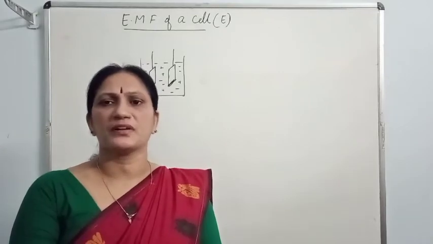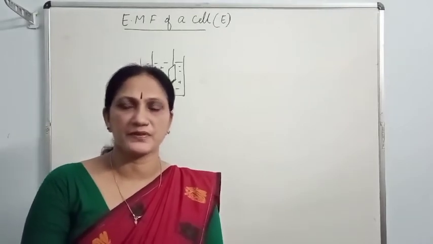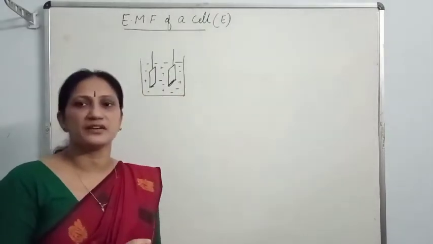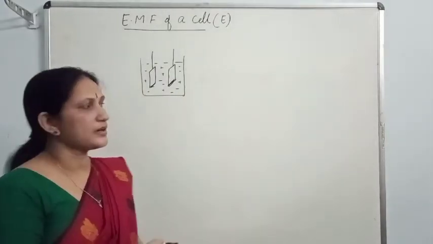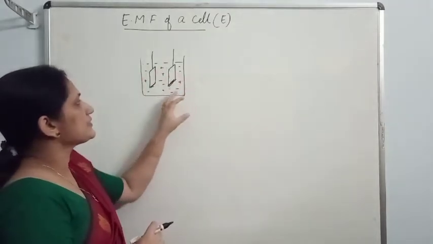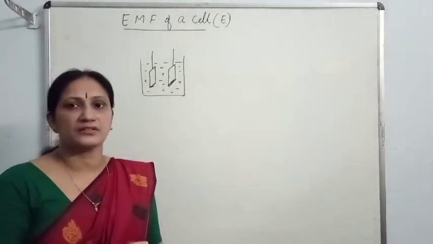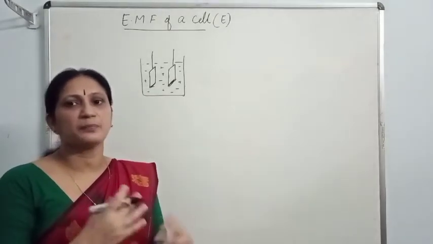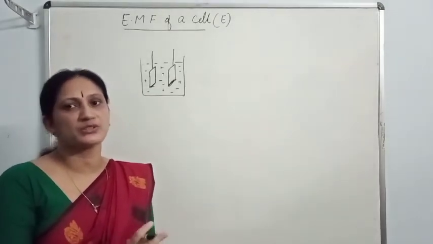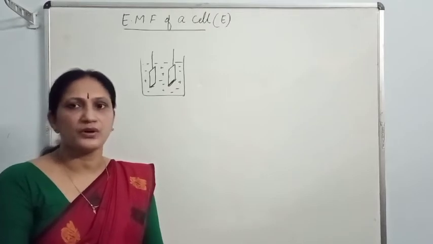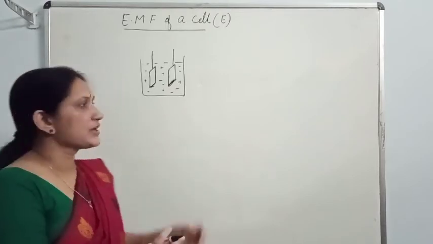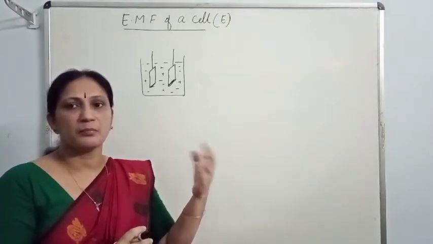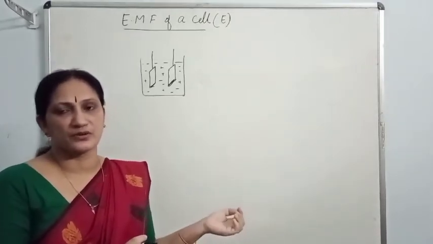Now let us see what is meant by EMF of a cell. This electrolyte has positively and negatively charged ions, and these negatively charged ions move towards an electrode. That depends on the nature of the electrode and nature of the ion. Anyhow, negatively charged ions move towards one of the electrodes and they donate electrons.